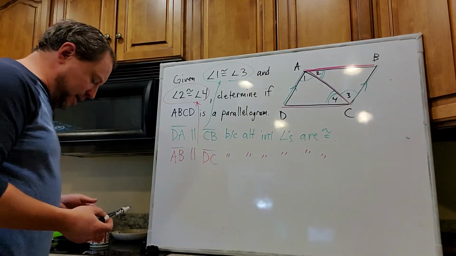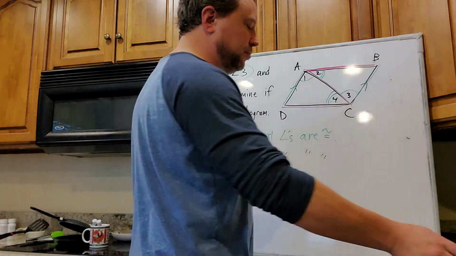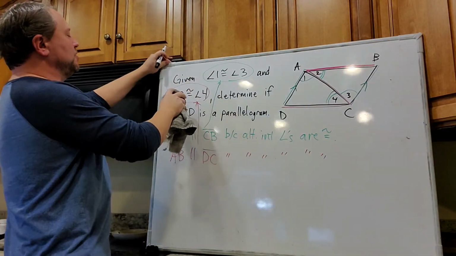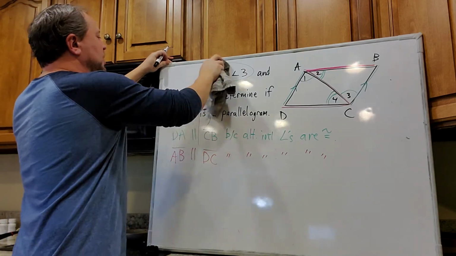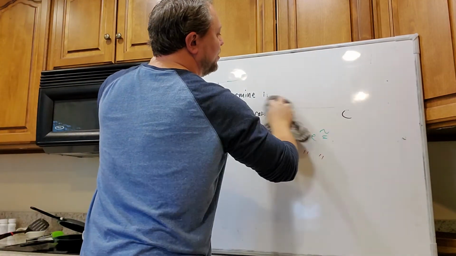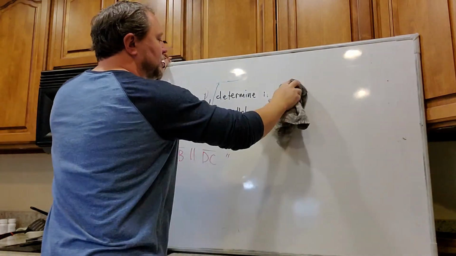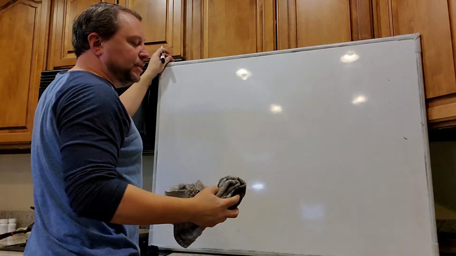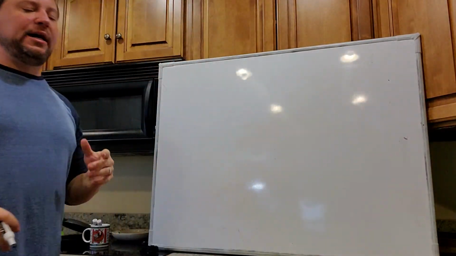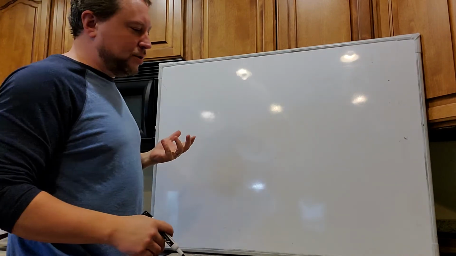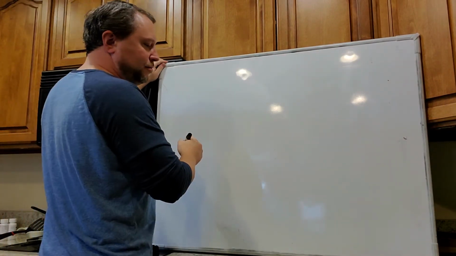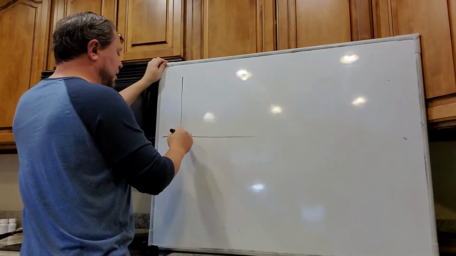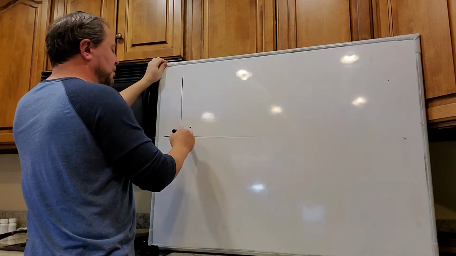All right, now let's say we had a similar type of problem, only this time, instead of just giving you some angles that were congruent like we did there, let's do a problem where I give you coordinates on an XY coordinate plane. And again, we're going to try to determine if the figure is or is not a parallelogram. Okay, so let's say we got something like this where you got a point here at the coordinates (1, 1).